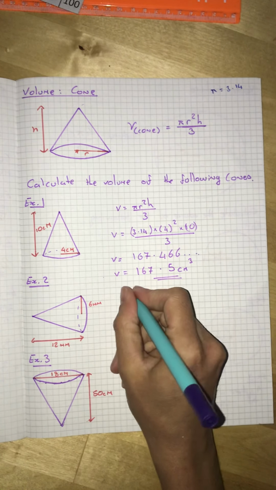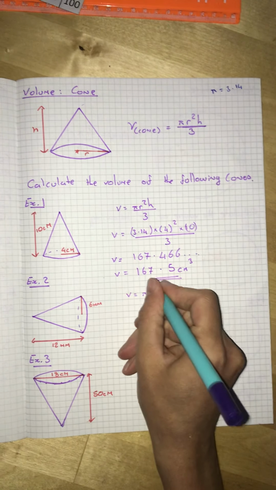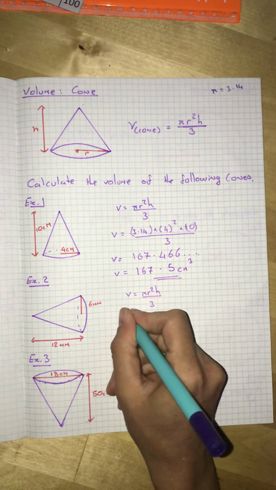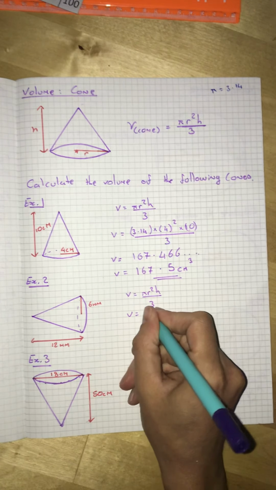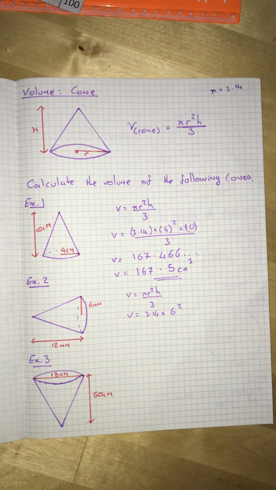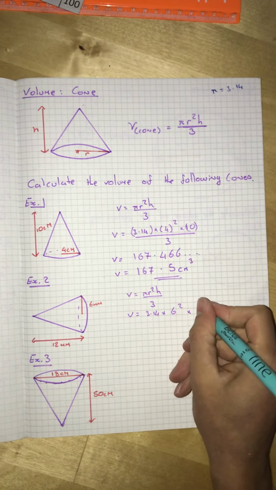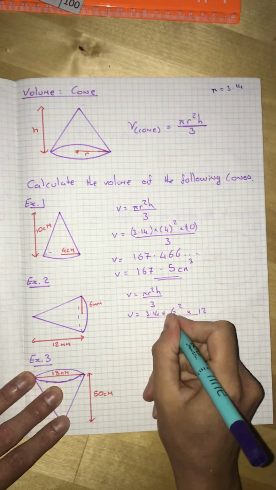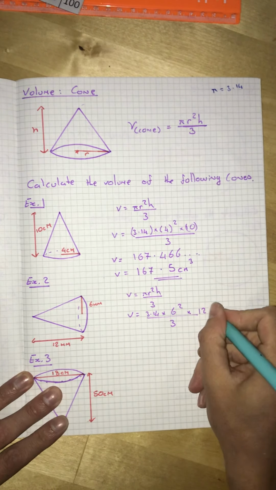First thing, write out the formula. So it is 3.14 times 6 squared. I've flipped it on its side, but that's fine. Times 12, all divided by 3. Run out of space.